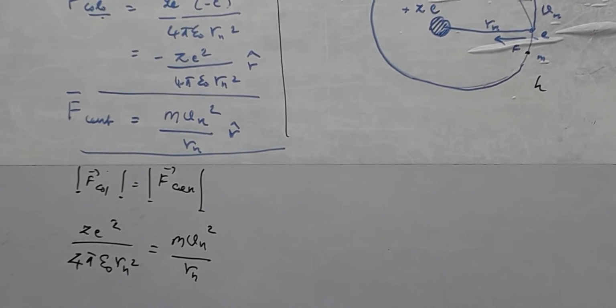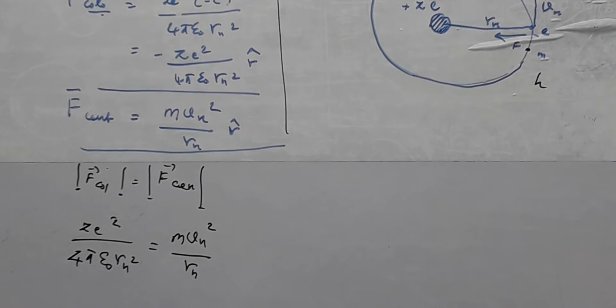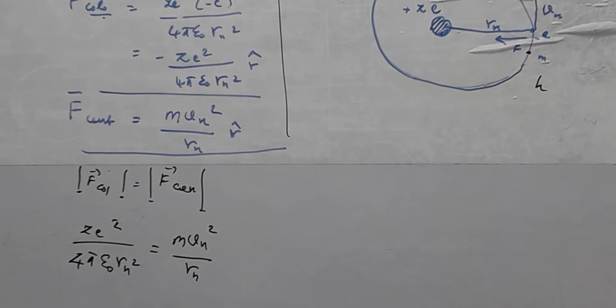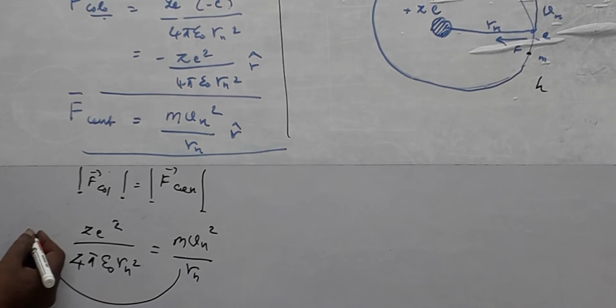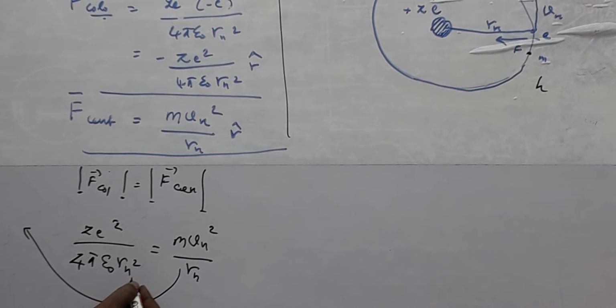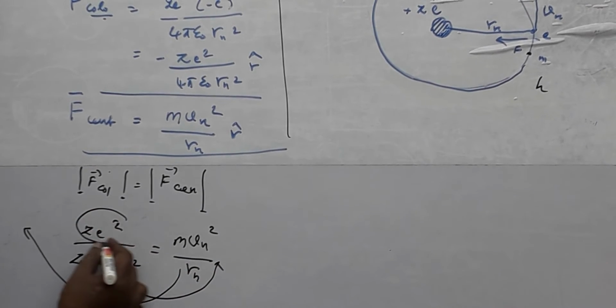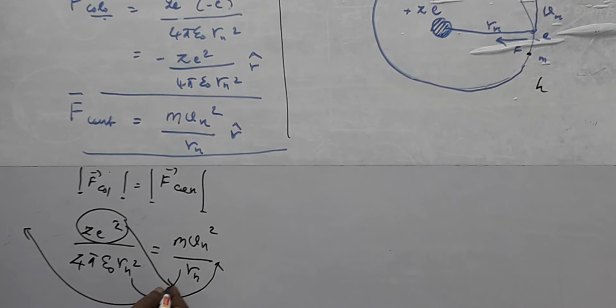Now we want to find the value of rn itself. For that I have to simplify this equation in small steps. We bring rn square to the other side, remaining terms, with this one downwards and this one upwards.